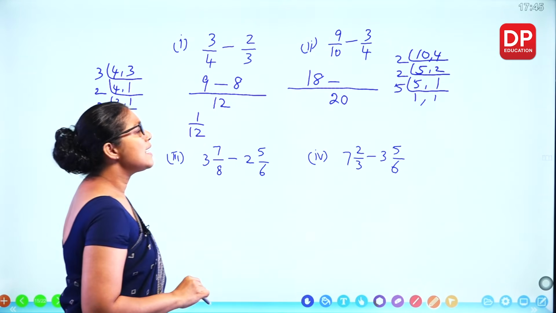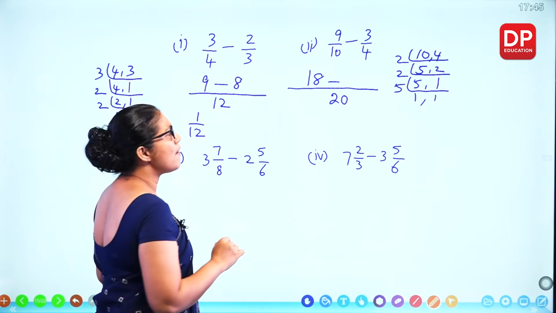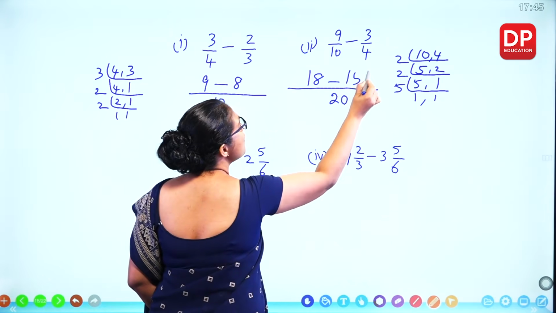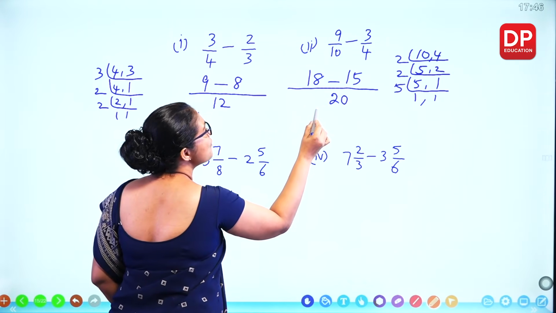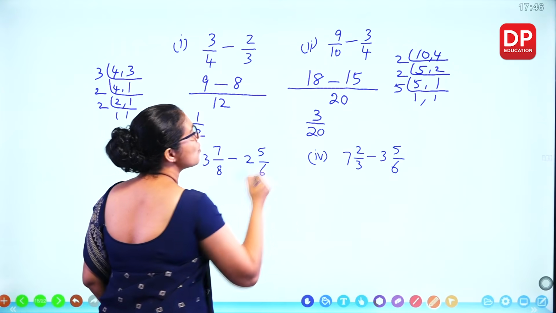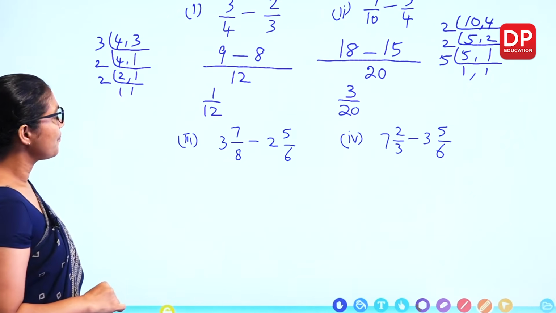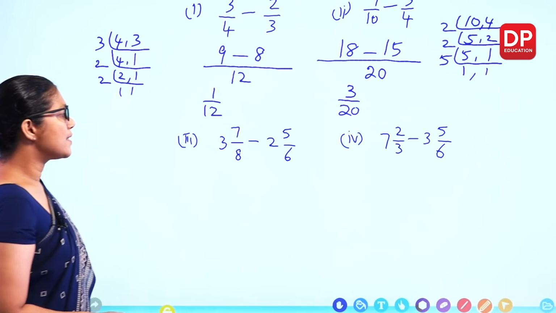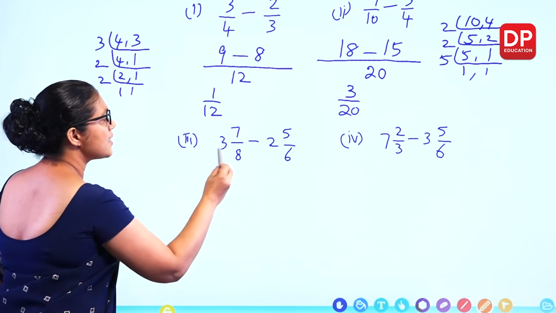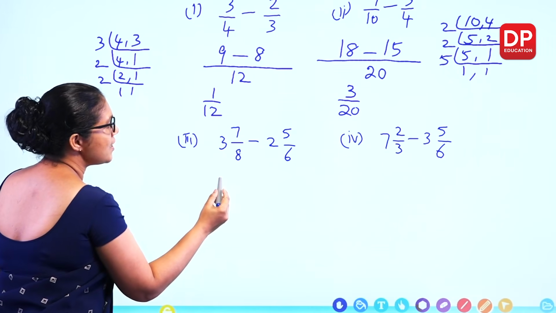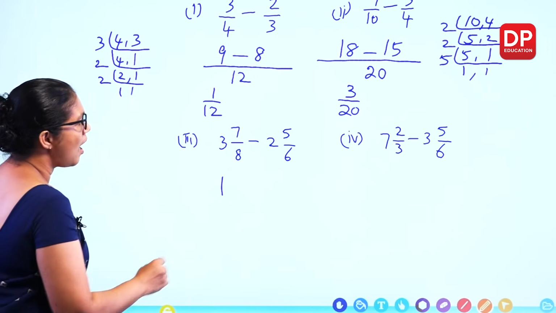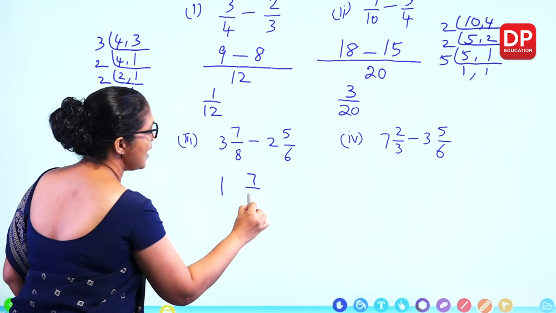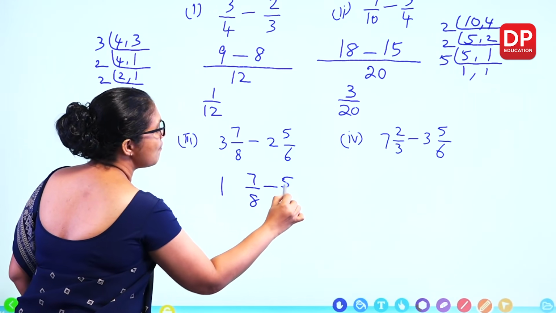How to get 20 from 4? Multiply by 5. 5 times 3, 15. 18 minus 15 is 3. 3 out of 20. Now this one, you get 2 mixed numbers. So you subtract 3 and 2. 3 minus 2 is 1. How can we subtract 7 eighths and 5 sixths?